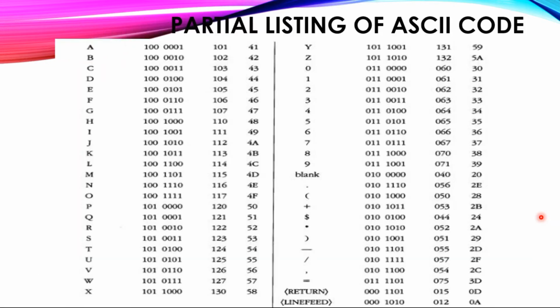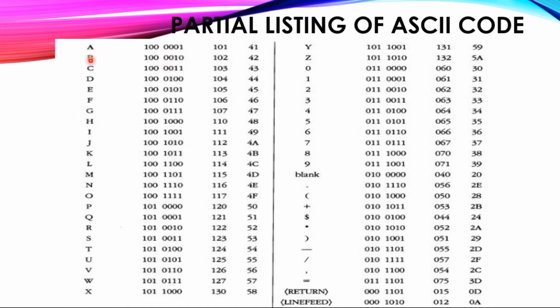Now this is a table in which your ASCII code is determined. You can see here your A is represented as this number in binary value, and this is your octal value, and this is the hexadecimal value, and your decimal value for A is 65.